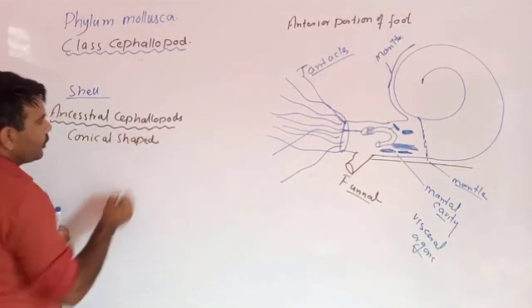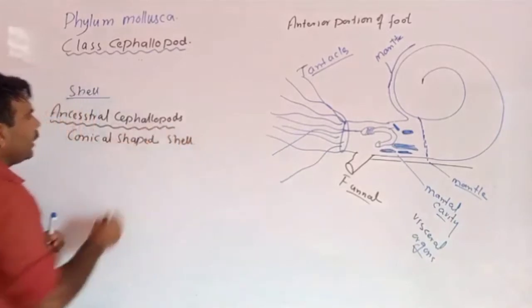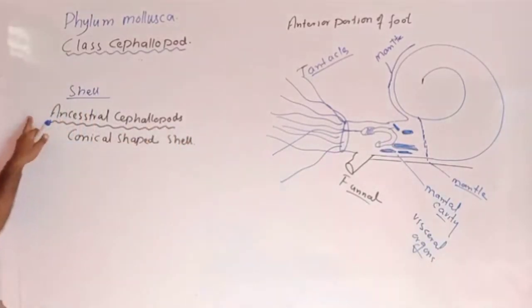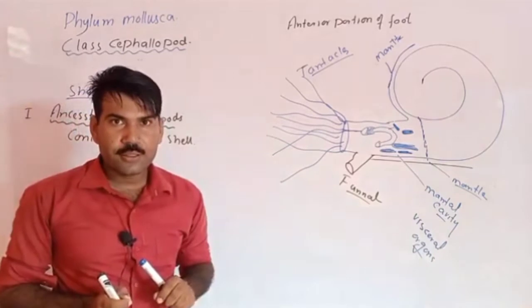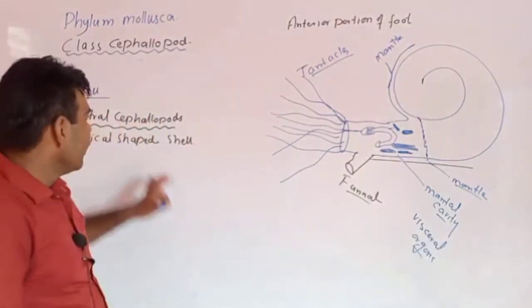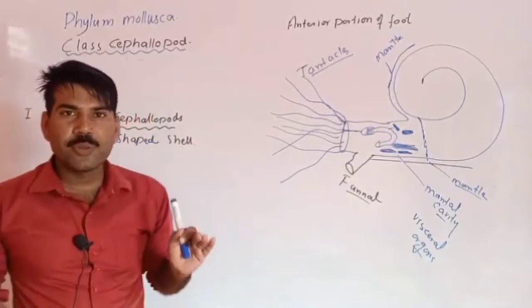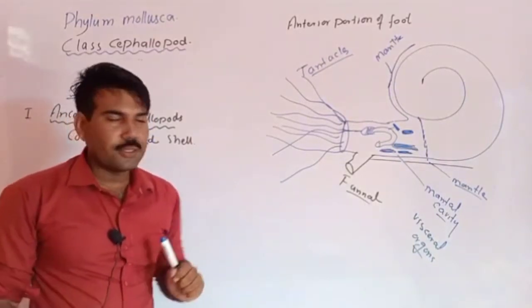A conical shaped shell was present in the ancestral cephalopods. So this was the first type of shell which was present in the ancestral cephalopods, which was conical in shape. That's why we can say that the shell in the ancestral cephalopods was probably conical in shape.